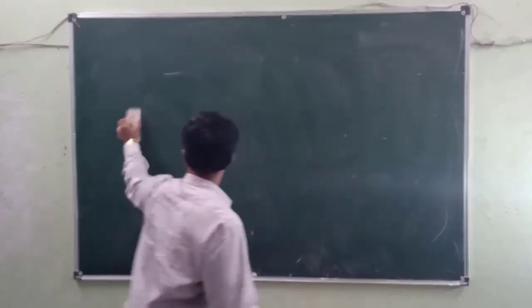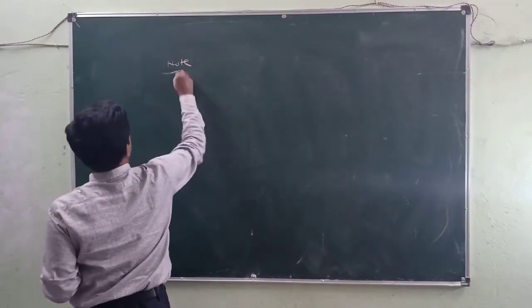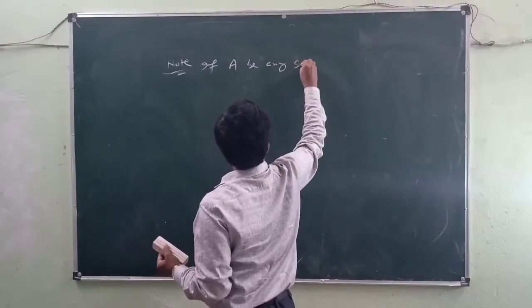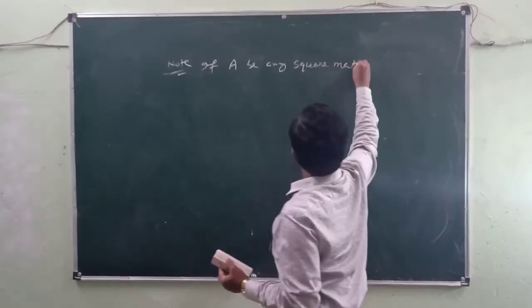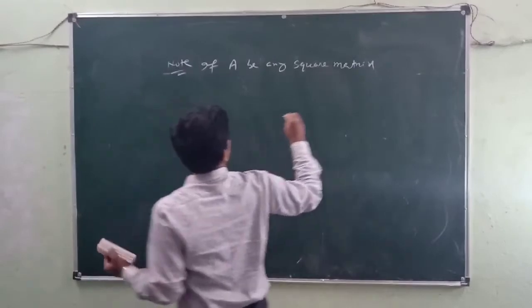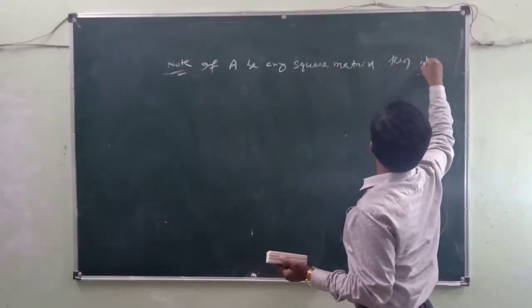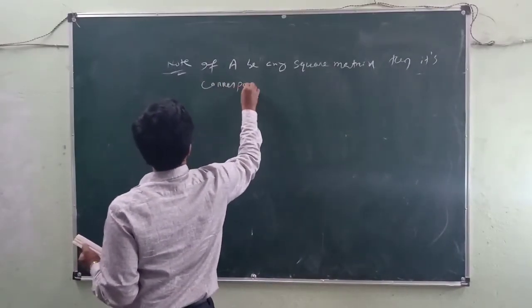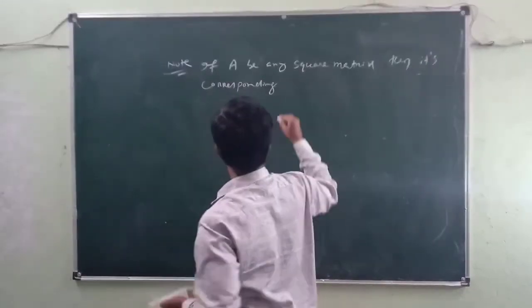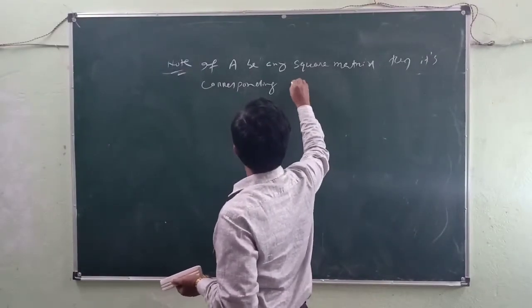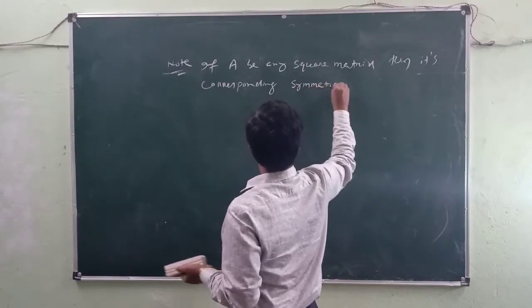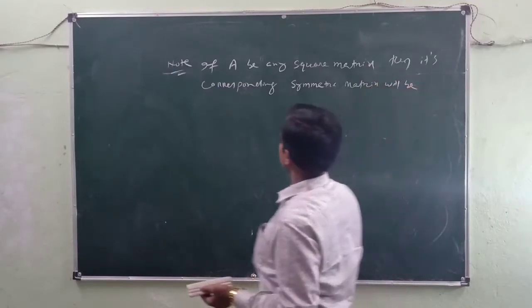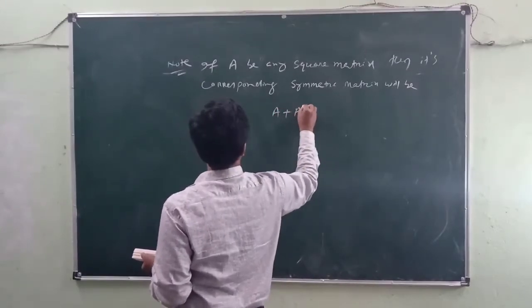Note, if A is any square matrix, then its corresponding symmetric matrix will be A plus A transpose.